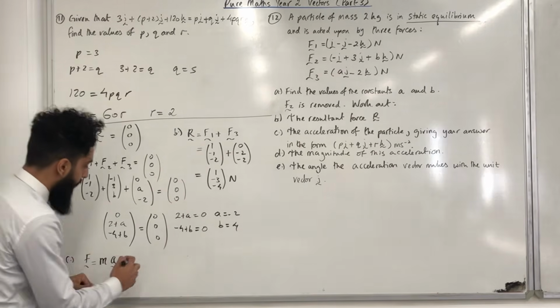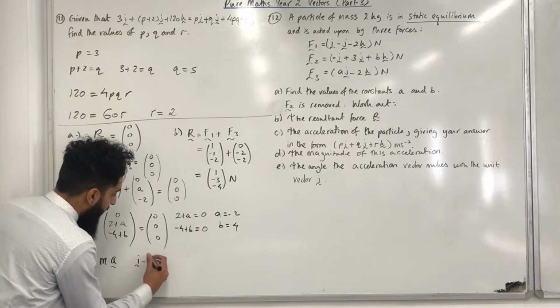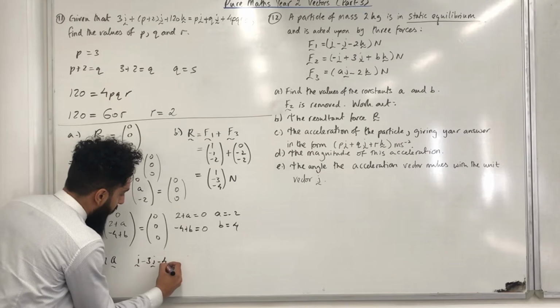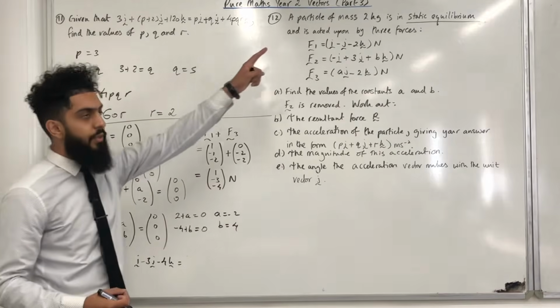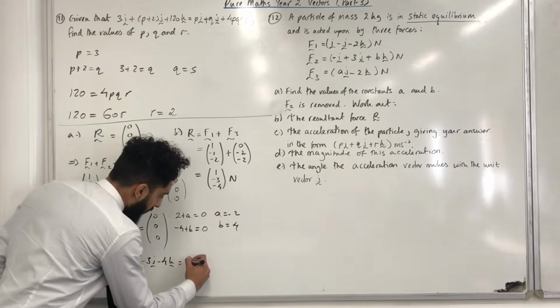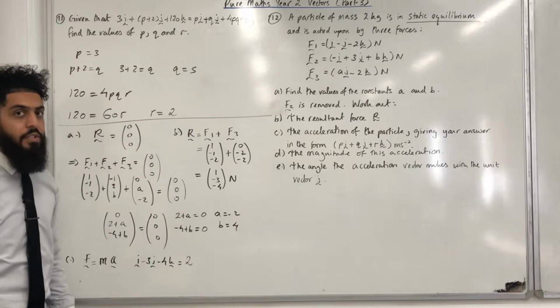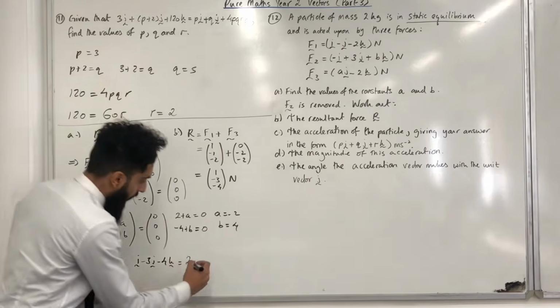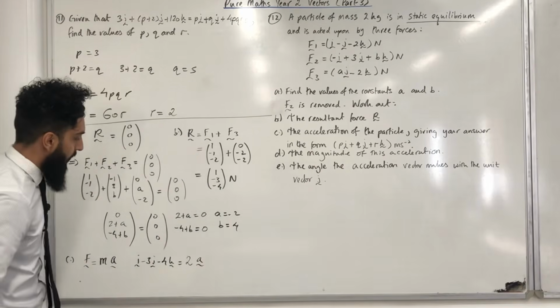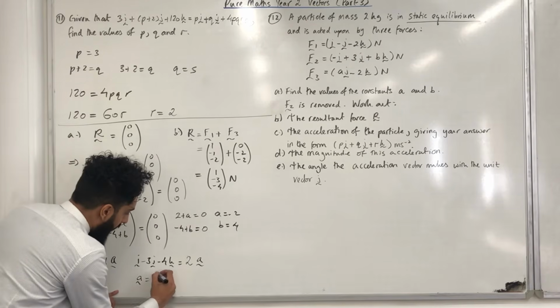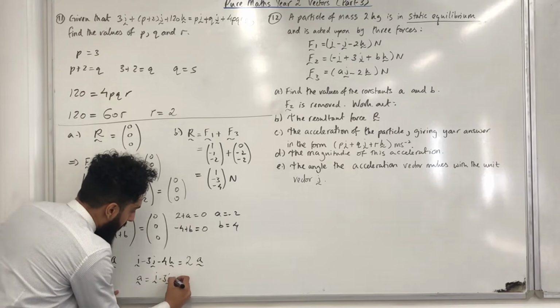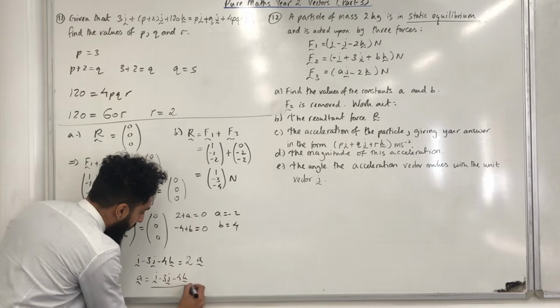So we have that i minus 3j minus 4k has to equal the mass. We are given the mass, it is 2 kg. So 2 multiplied by the acceleration vector A, which we are after. So now the acceleration vector A is given by i minus 3j minus 4k all over 2.